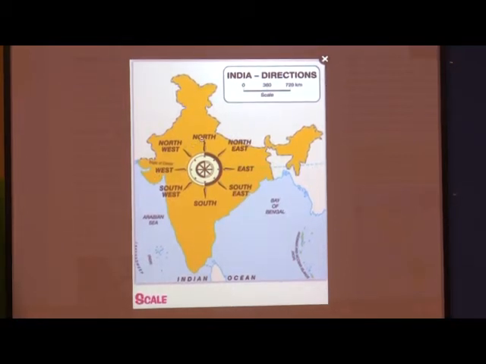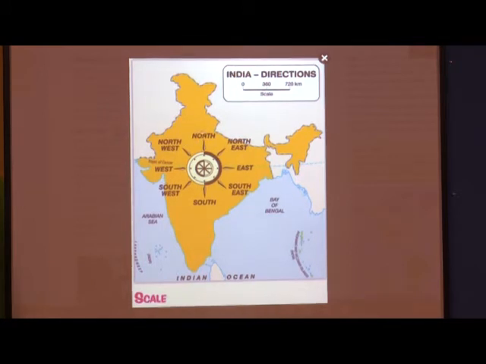Here it is north, south, east, west, but what about the area which is located between north and west? The areas located between north and west are in the northwest direction. This is called northwest. This is northeast. This is southeast, because it is situated between south and east.